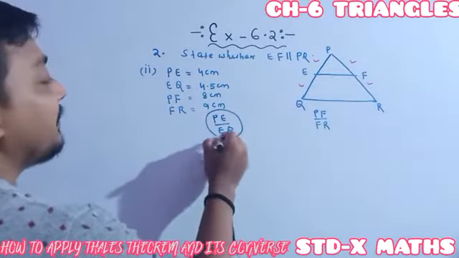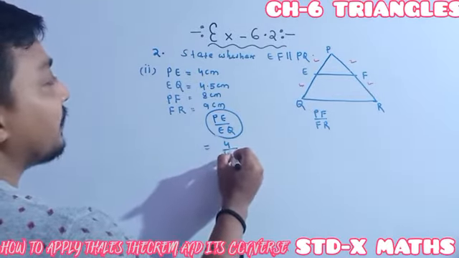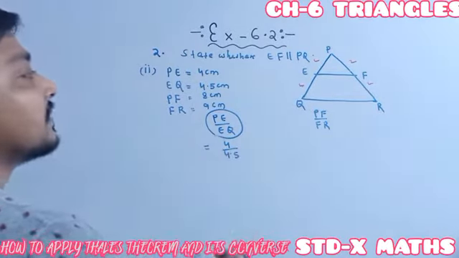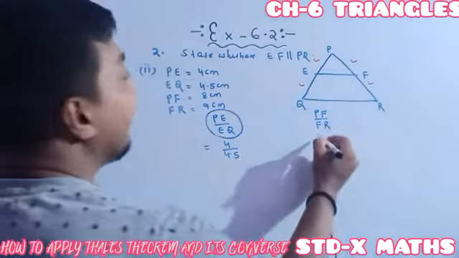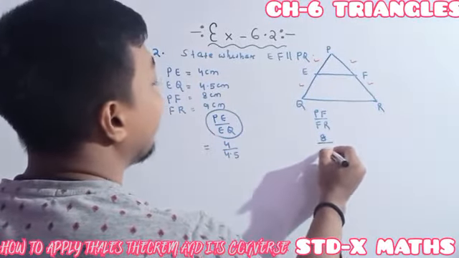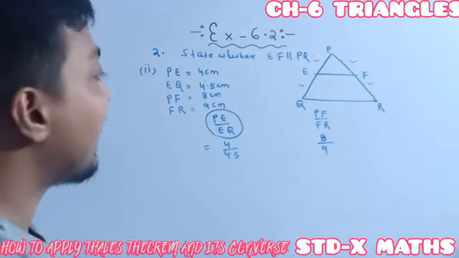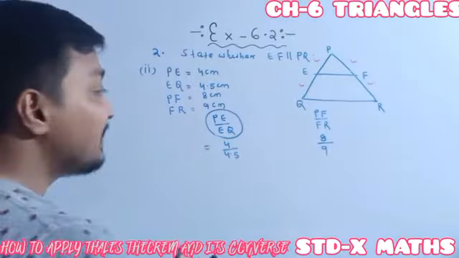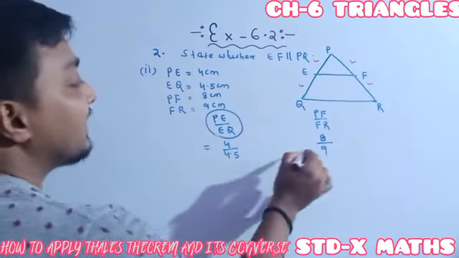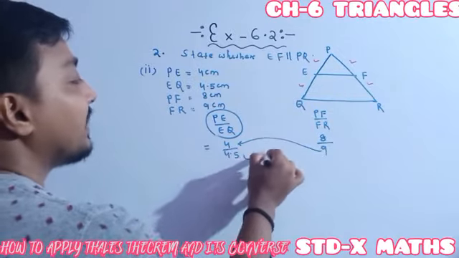PE divided by EQ: I am putting 4 divided by 4.5, and here I will write 8 divided by 9. There is one easy trick to check whether both fractions are equal or not.